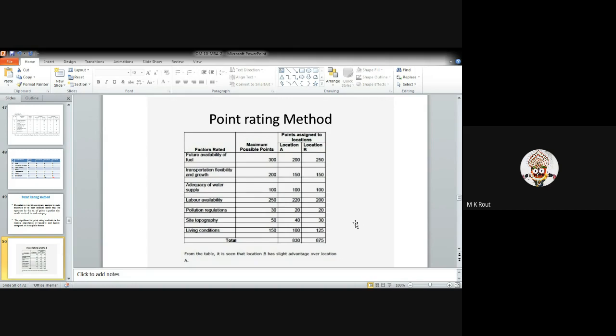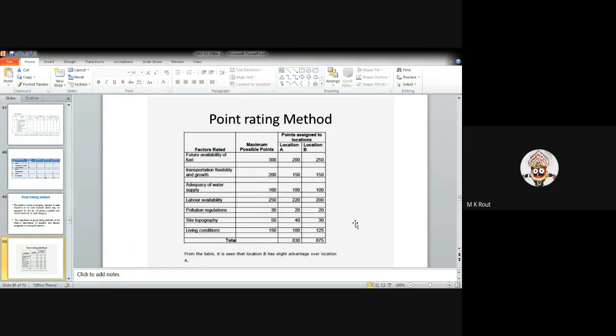They looked at transportation facilities, water supply, availability of workers, and living conditions. The company chose two locations: one is AMRI Baleswar, another is AMRI Bhubaneswar. They finally went for the point rating method.